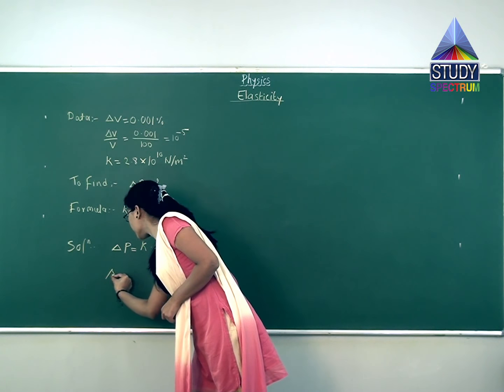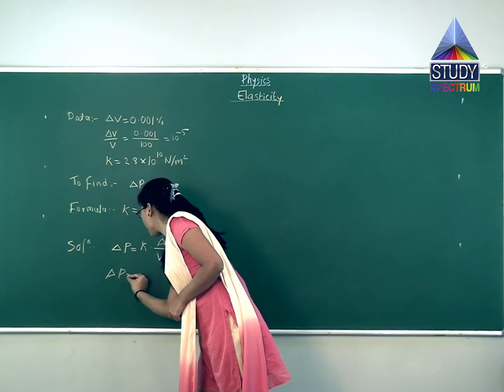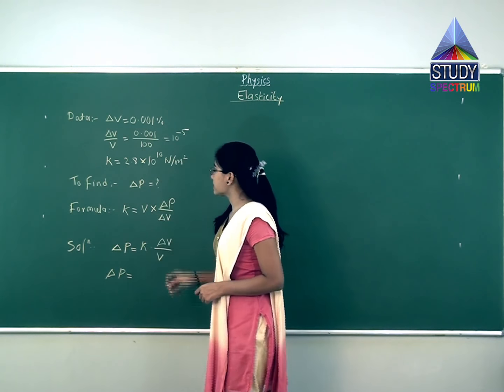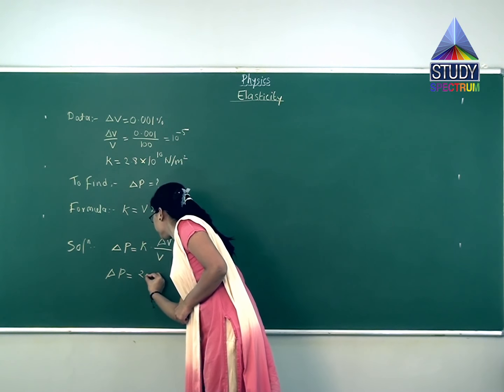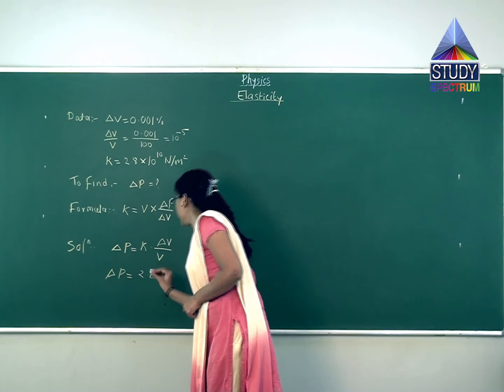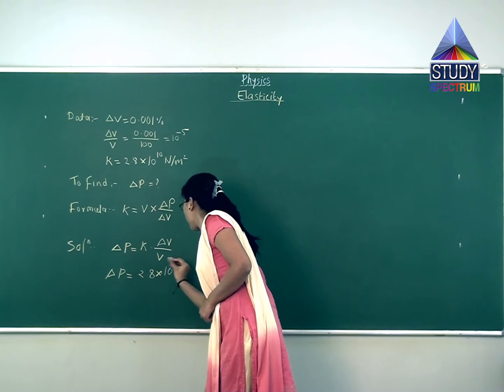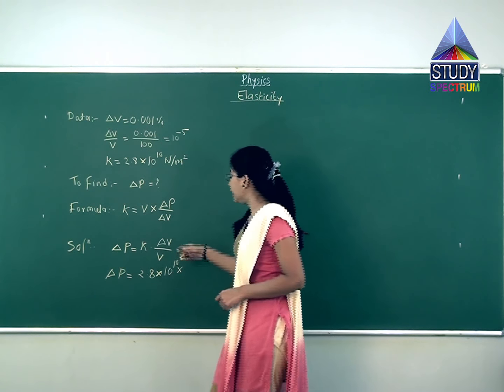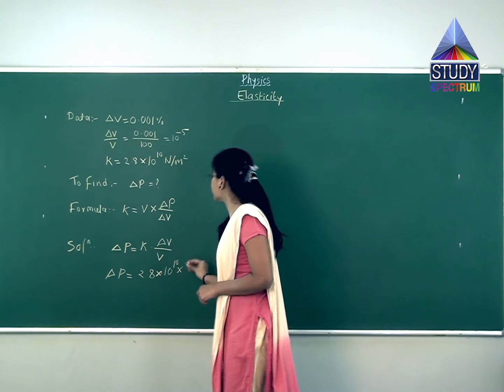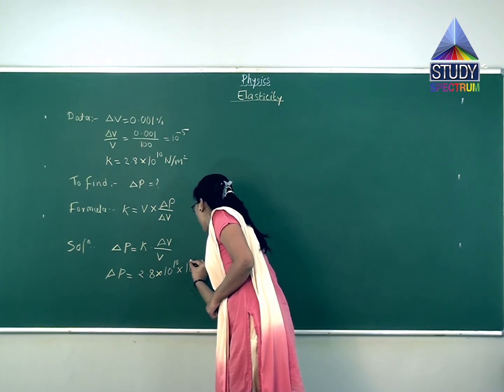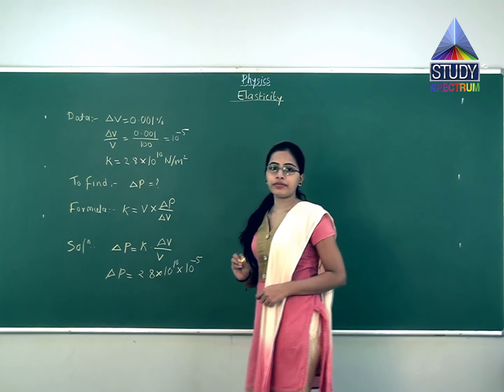So delta P is equal to, now K is 2.8 into 10 raised to 10 and delta V upon V is 10 raised to minus 5.